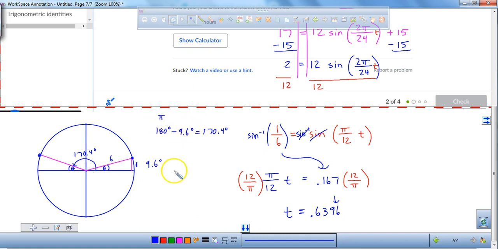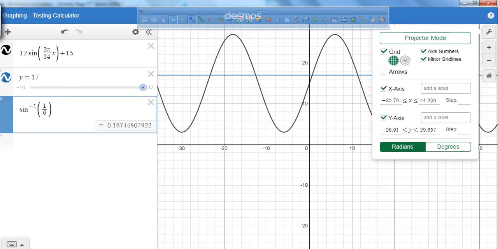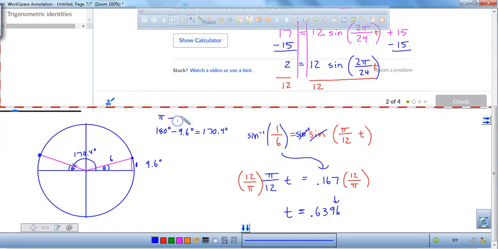So what I'm going to do, let's watch this, I'm going to take pi, and subtract whatever we get for the 0.167. I'm going to do that in the calculator right now.